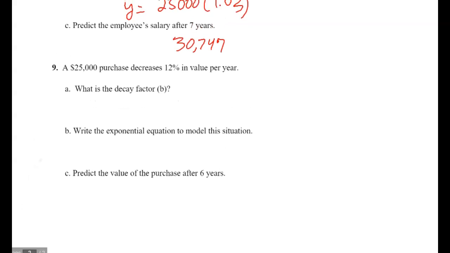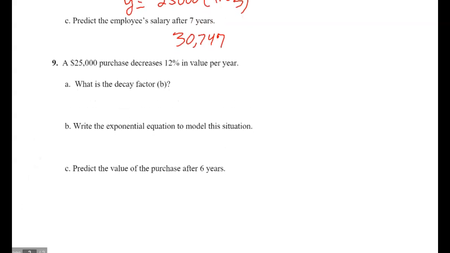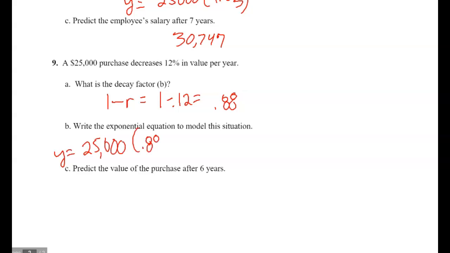And the last one decreases by 12%. Again, what is the decay factor? 1 minus the rate, which is 1 minus 0.12, which is 0.88. The exponential function is, again, your original amount of 25,000 times 0.88 raised to the x.